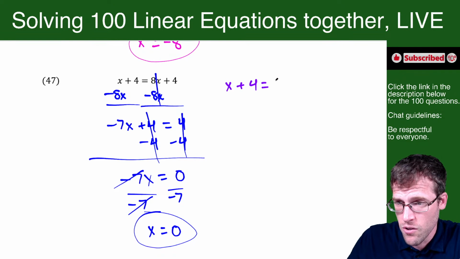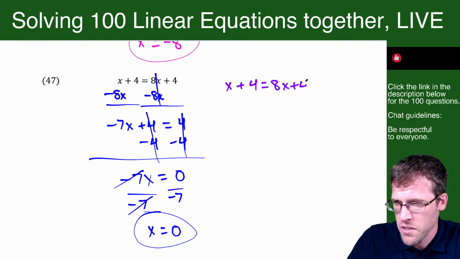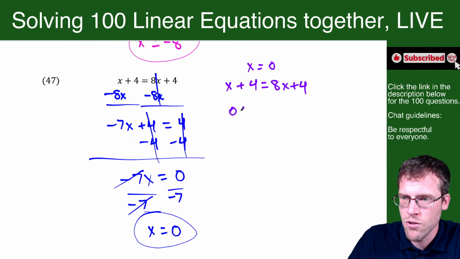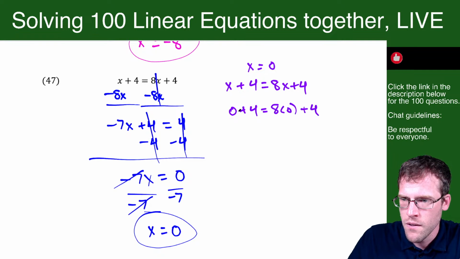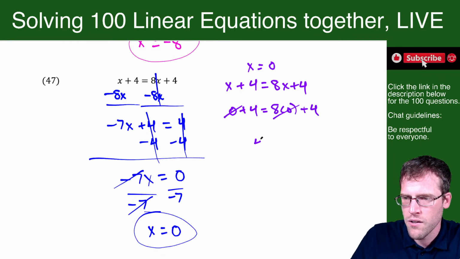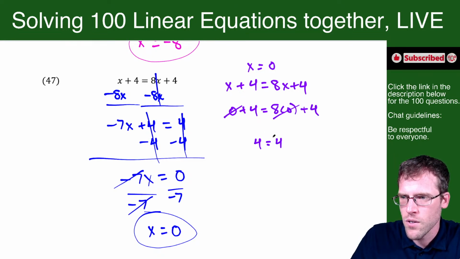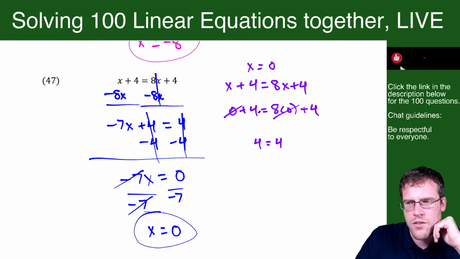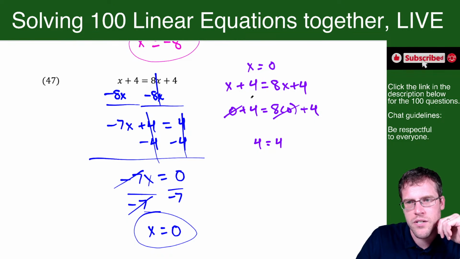Something is strange. Like, you notice, I paused a little bit. I was like, is this really happening right now? Because if I check x equals 0 is a solution, 0 plus 4 is equal to 8 times 0 plus 4. These terms just wipe out. And then 4 equals 4. Okay? Is in fact true. So, yeah, that's our answer here.